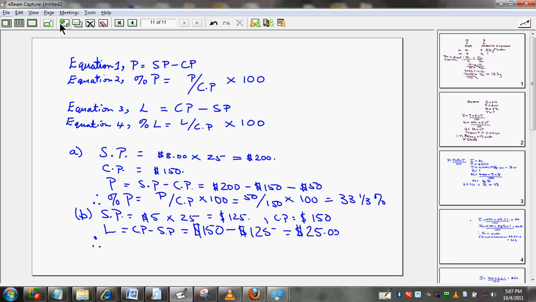Therefore, his percentage loss, which is what they're asking us to find in part B, we go back to the equation: percentage loss is loss over cost price times 100. His loss would be $25 over his cost price, which was $150, and we multiply that answer by 100.